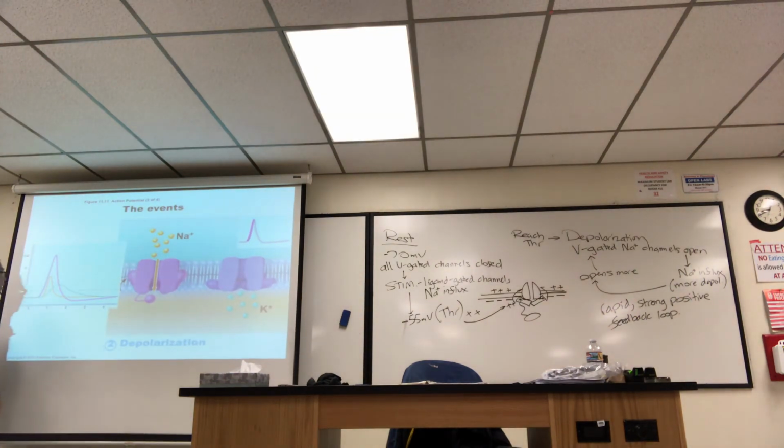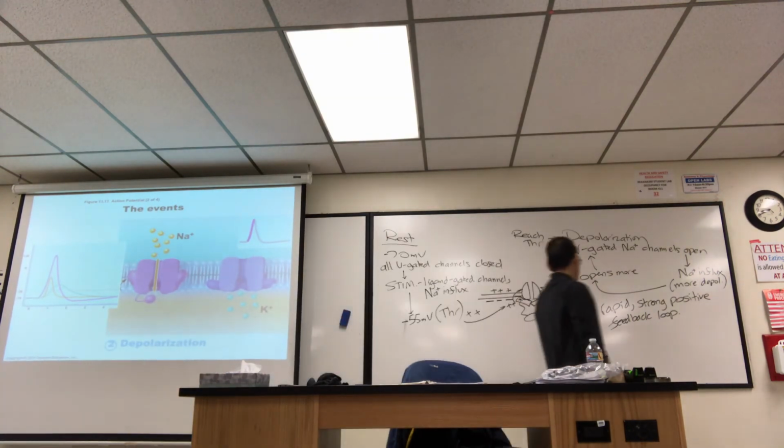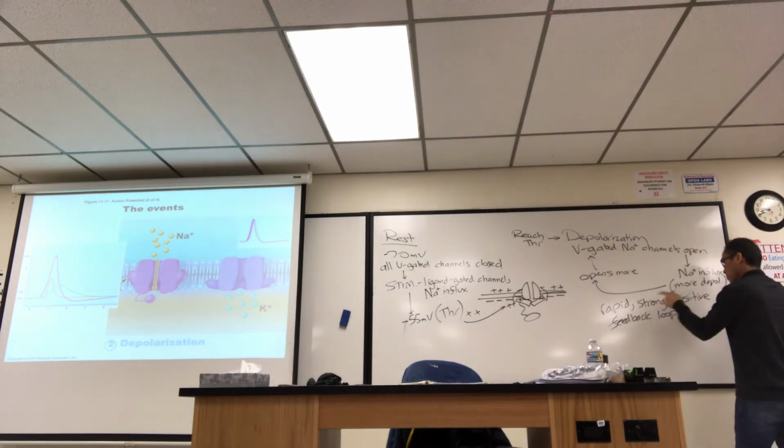So the current is so strong. If it weren't strong, you'd stop at 0, because 0 is equilibrium. But the current is so fast and strong, you actually overshoot equilibrium to plus 30. Rapid positive feedback.